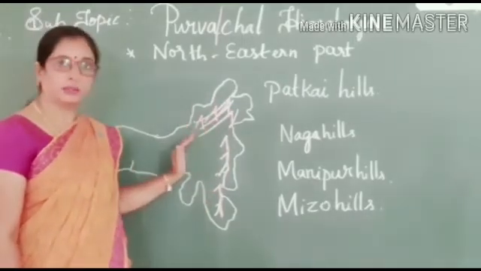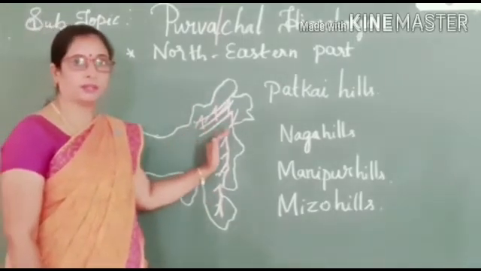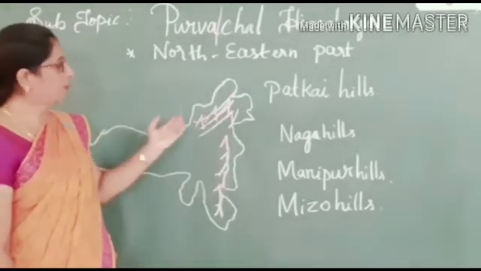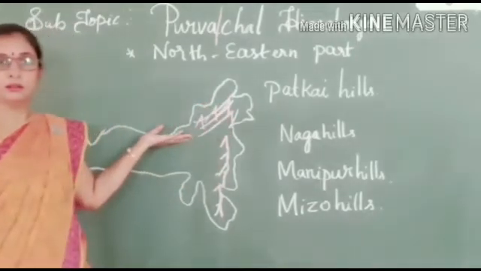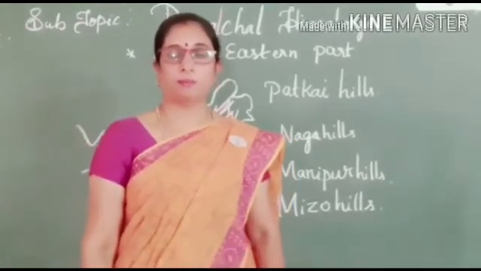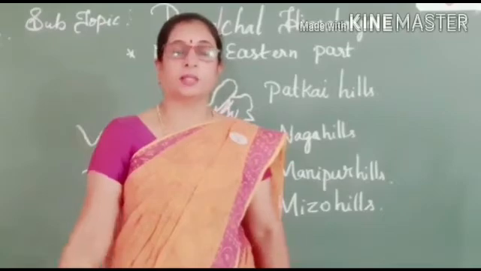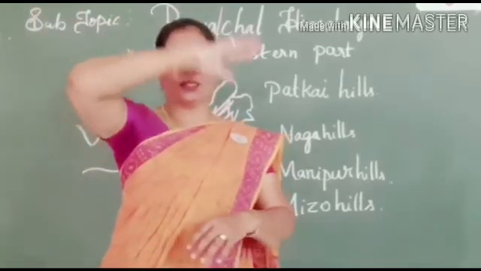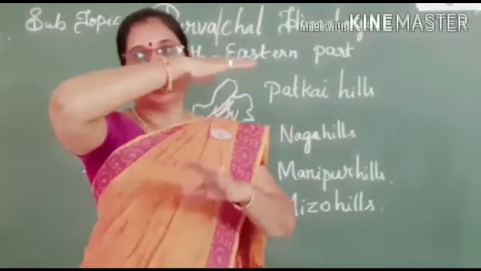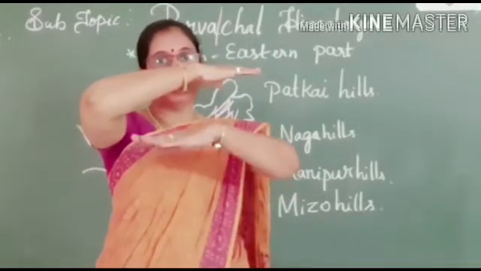How is it formed, children? How is it shaping our India? Because it is spread towards the south and it is bent. Who bent it? I have explained the theory of plate tectonics. Yes, children. Now think my right hand is the Eurasian plate and my left hand is the Indian plate.